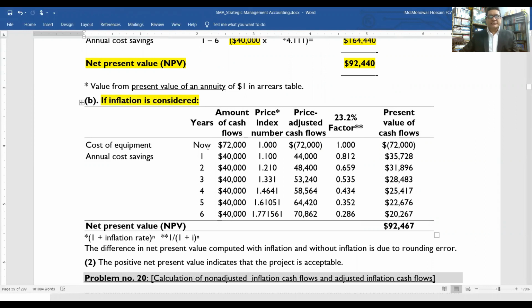look here, this is 6 years, 1, 2, 3, 4, 5, 6. And the cost of equipment is just 72,000, with no inflation effect.